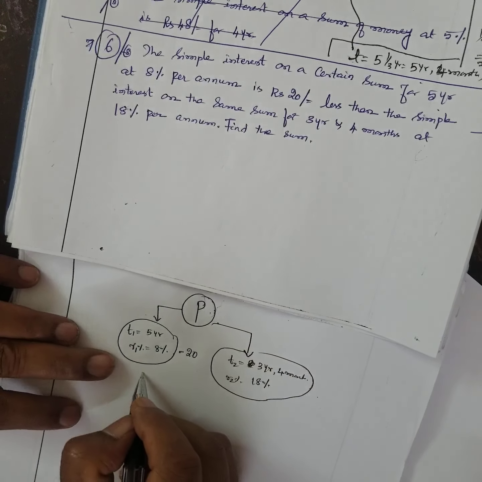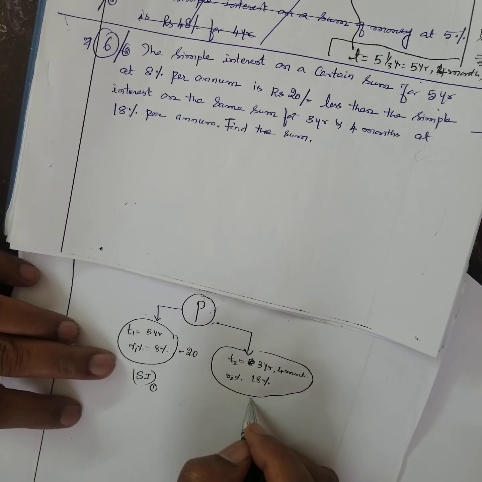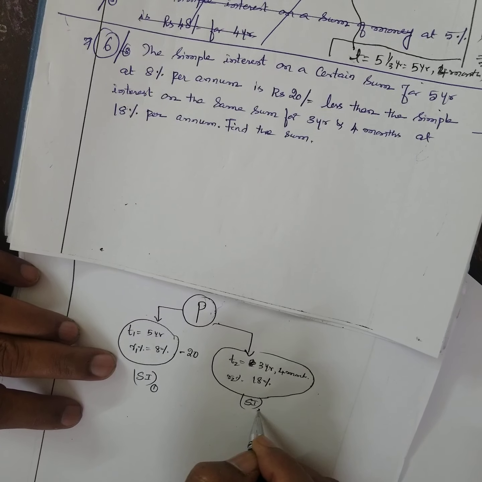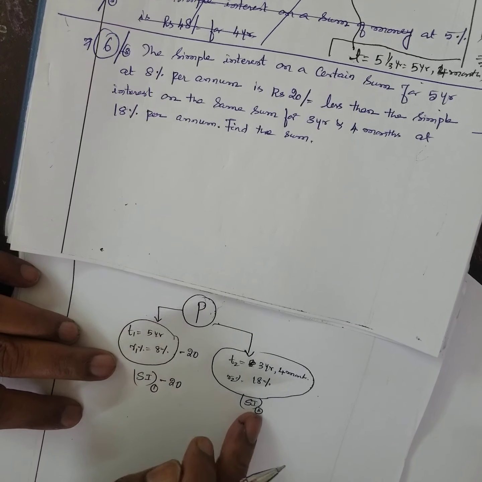That means the simple interest of the first case is 20 rupees less than the simple interest of the second case.